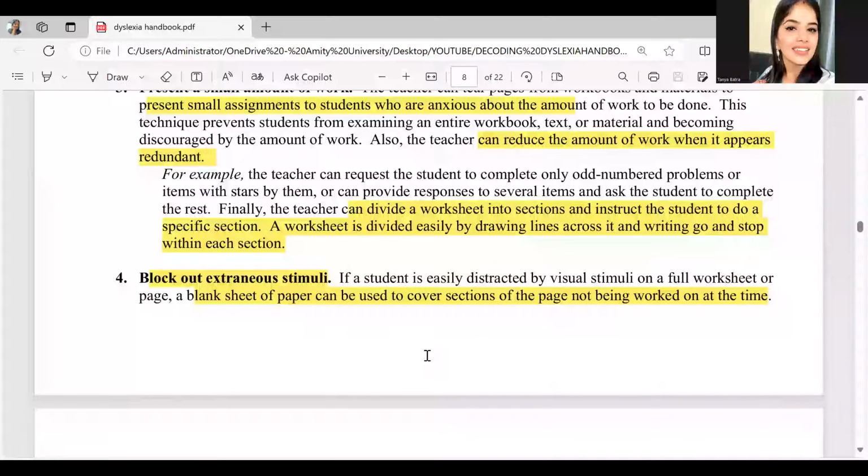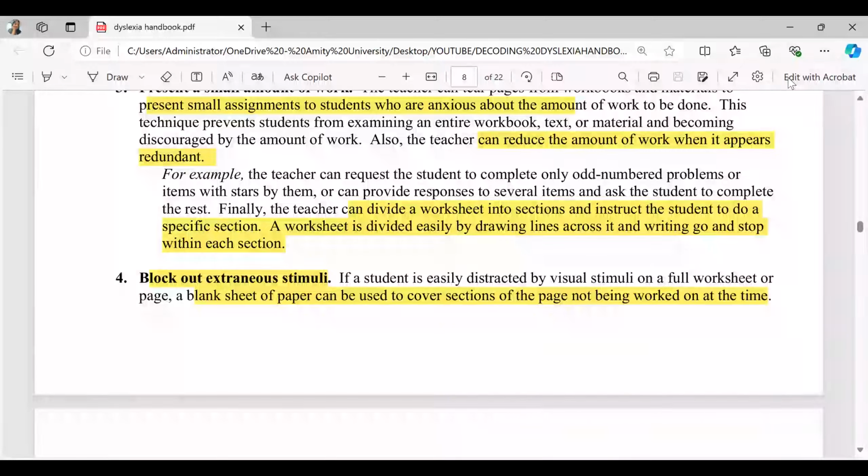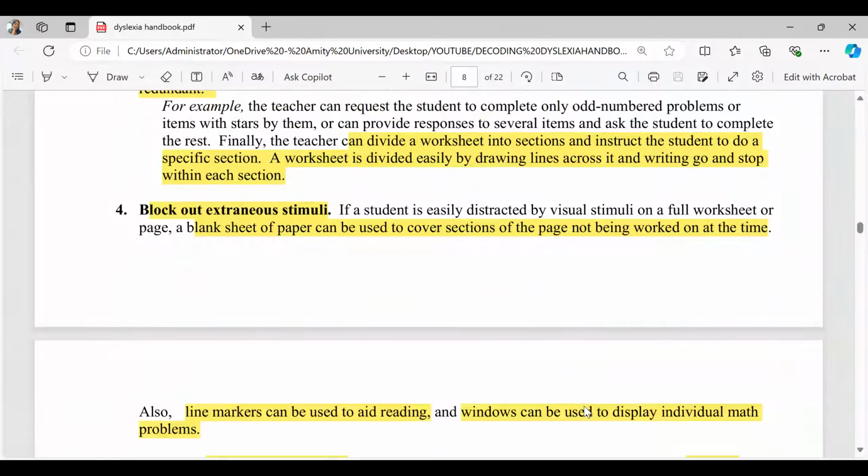Block out the extraneous stimulus. Now, if I'm talking about extraneous stimulus, like if there is extra distraction in the class, or the instruction that I'm giving, or the visual stimuli that is being presented is really distracting for the child, a blank sheet of paper can be used to cover the section or page not being worked on at the time. For example, I'm presenting a worksheet, and on some portion of that worksheet there are some visuals which are not important, not related to that worksheet.